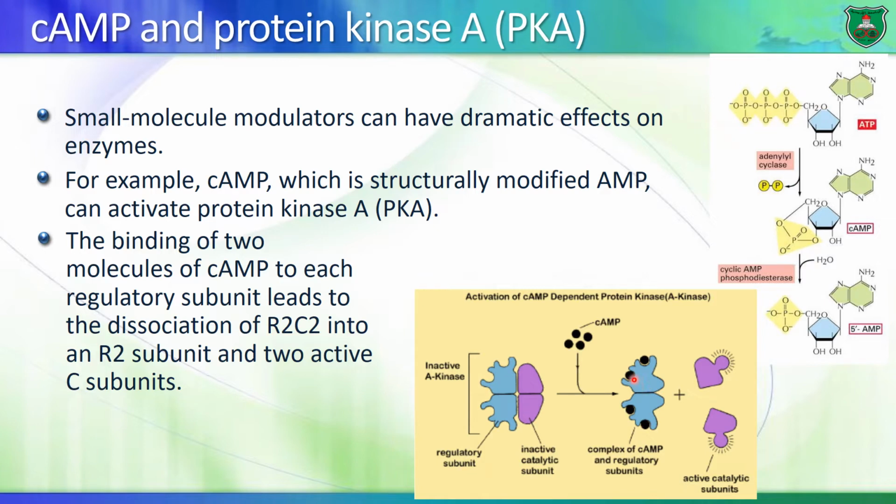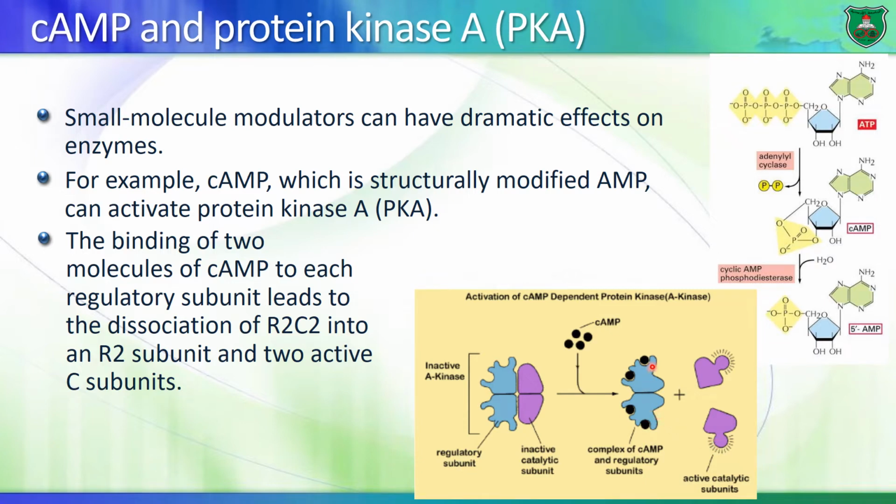This binding results in a change of the conformation, the structure of the regulatory subunits, and the catalytic subunits become free. Each one of these subunits is very active, and it starts to modify other enzymes and other molecules, influencing their actions.